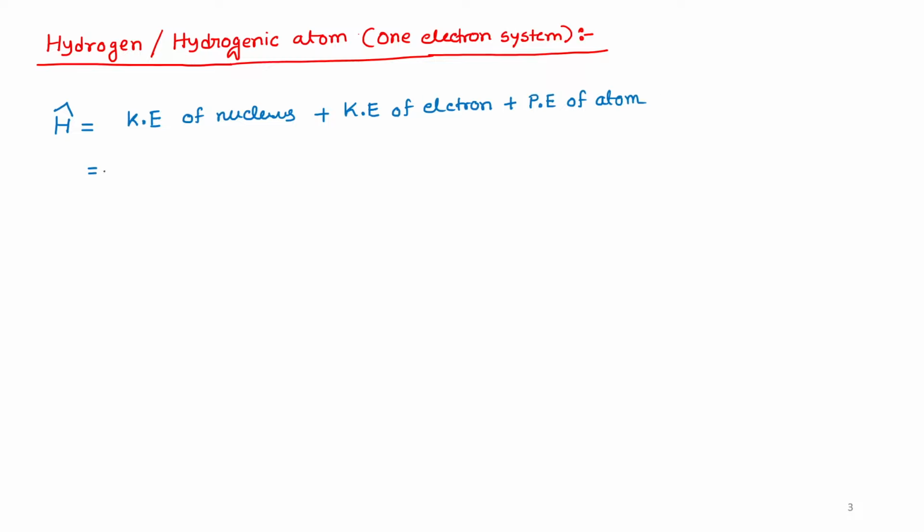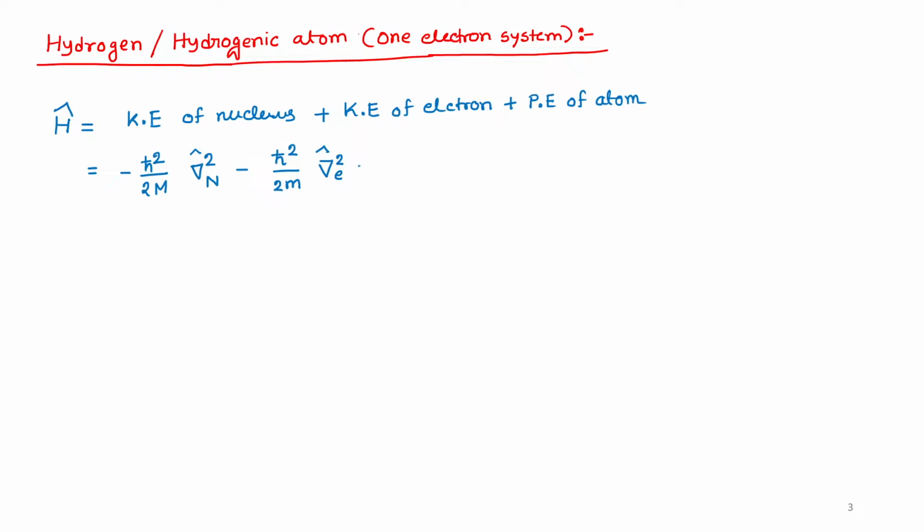So it will mostly look like what we have used earlier. With the nucleus mass, suppose capital M, the term is minus h square by 2M del n square, where del n square is the Laplacian for the nucleus. And the kinetic energy operator of the electron will look like minus h square by 2m del e square, where small m is the mass of the electron.